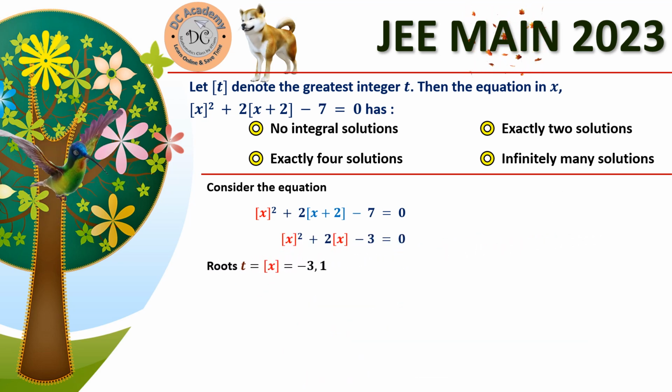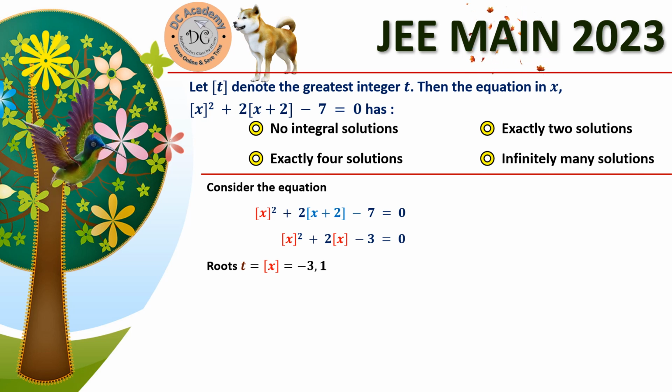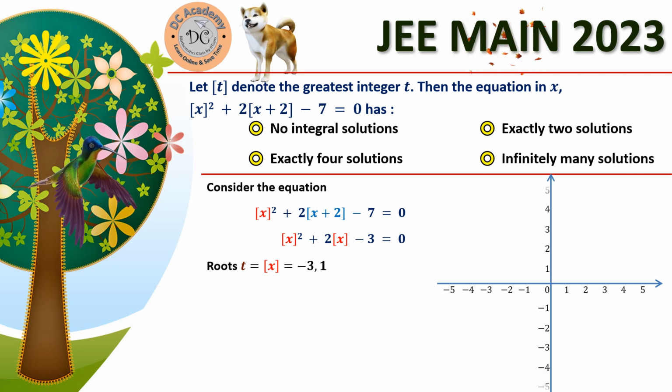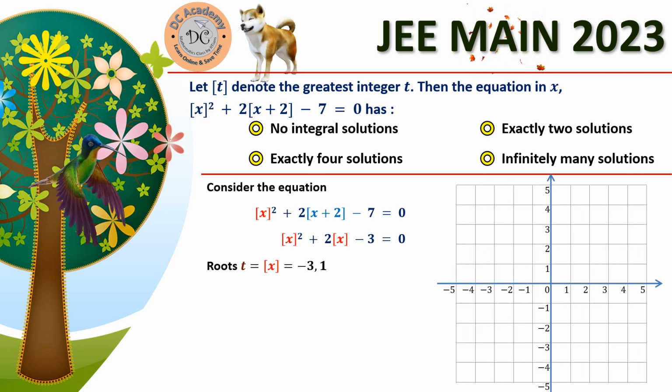Now, we have to find out the values of x such that floor of x is equal to minus 3 and 1. That's why we consider the x-axis and y-axis and try to plot the floor of x, the greatest integer function's plot.